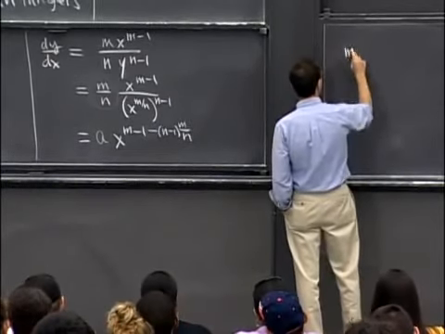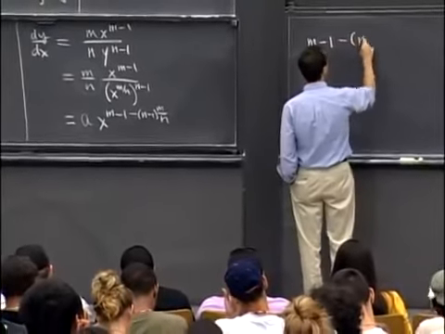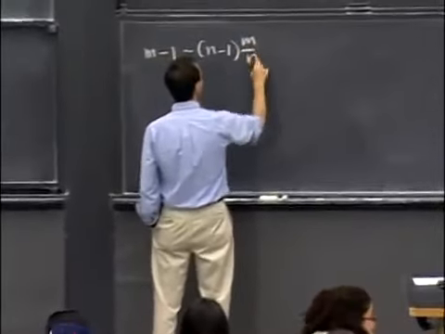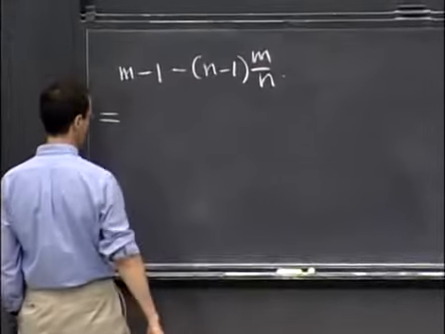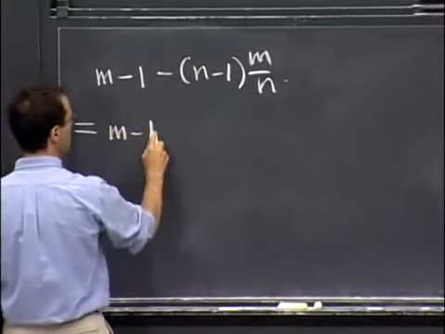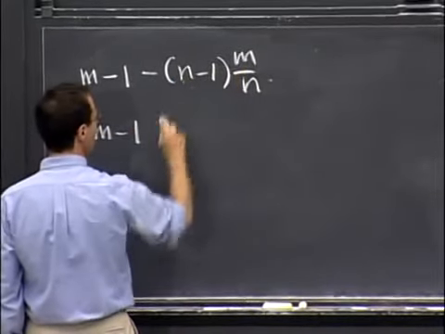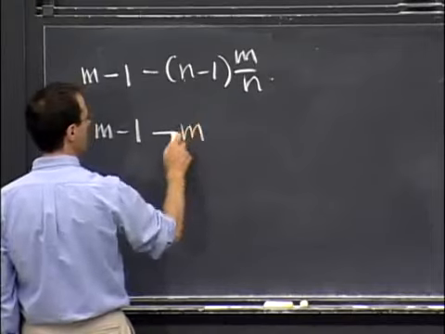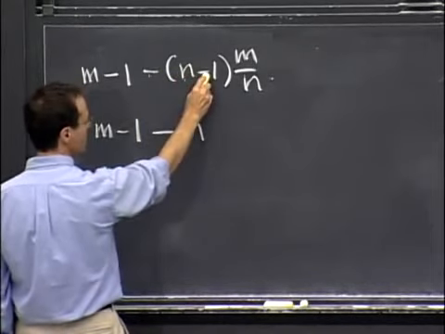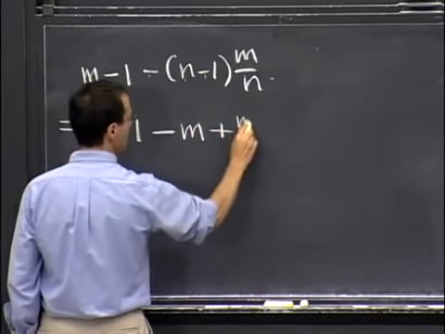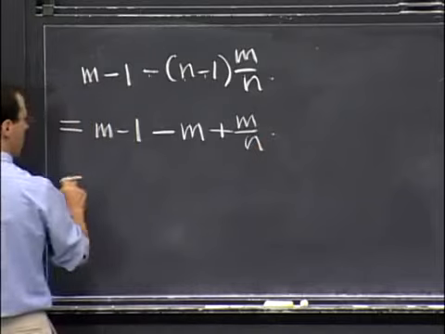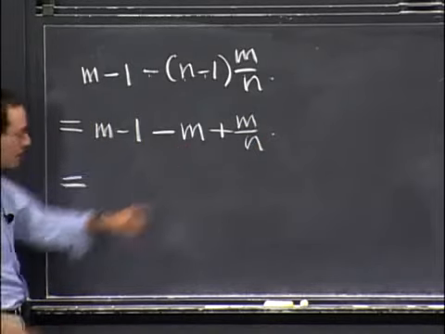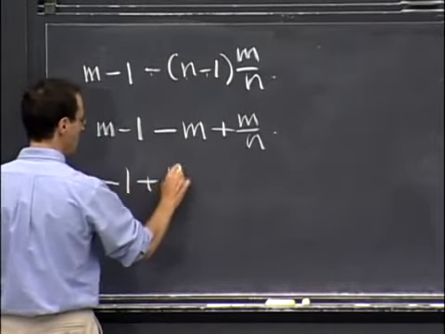So we have here m minus 1 minus (n minus 1) m over n, which is equal to m minus 1. And if I multiply n by this, I get minus m. And if the second factor is a minus, that's a plus. And so it's plus m over n. So altogether, the two m's cancel, and I have here minus 1 plus m over n.